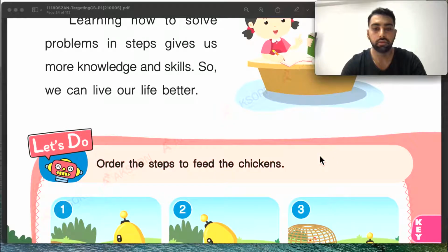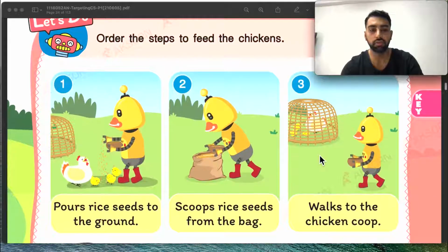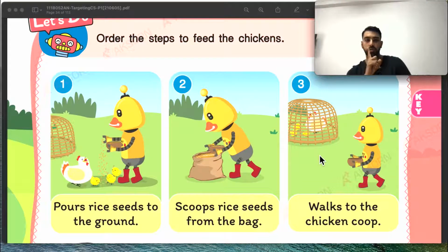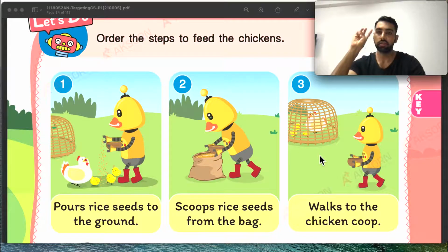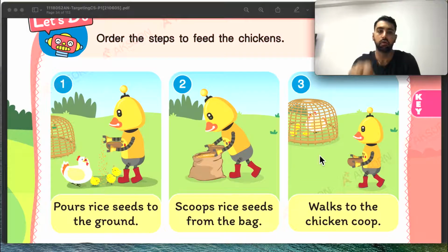Okay, so as you can see, for giving the food, look here in the picture, there is picture 1, picture 2 and picture 3. There are 3 pictures. Picture 1 says pour the rice seeds on the ground. Picture 2, scoop rice seeds from the bag.